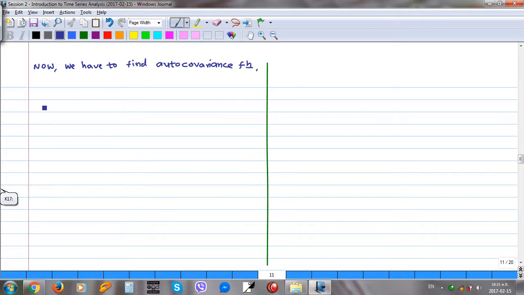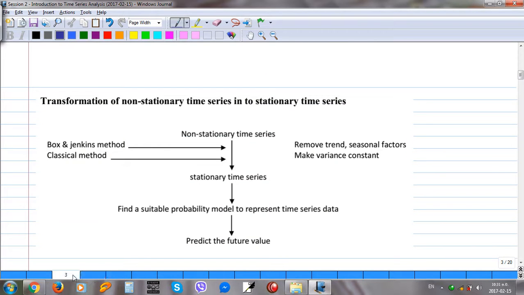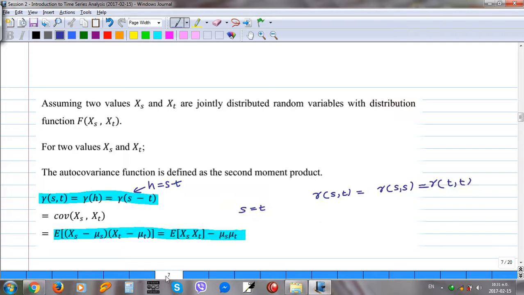We can find the autocovariance function, that is gamma s comma t, which we named as gamma h. According to this, gamma s comma t, gamma h equals covariance of x s comma x t. Then we can write the difference of these two, right.